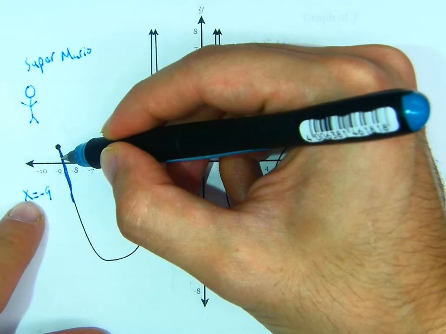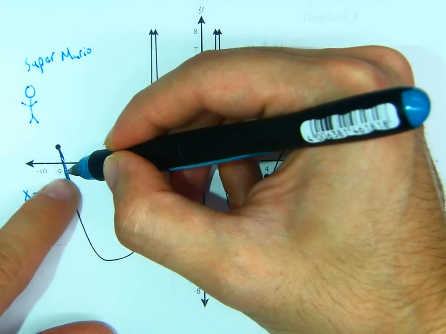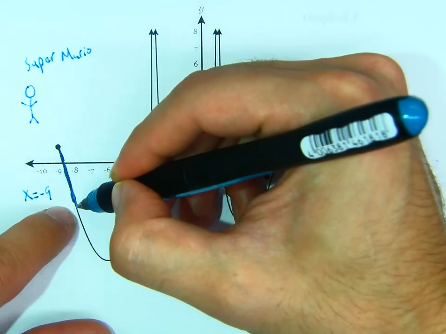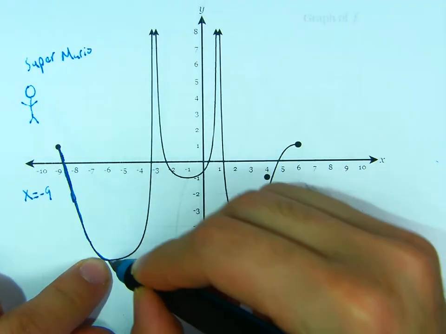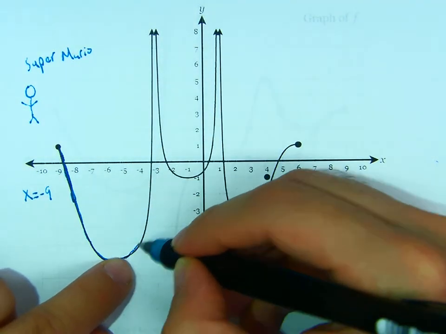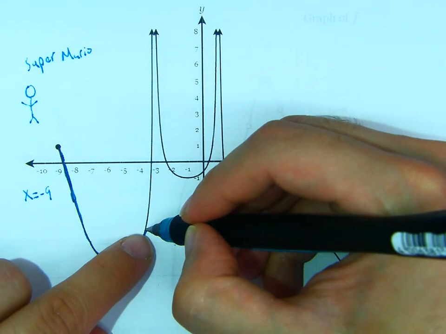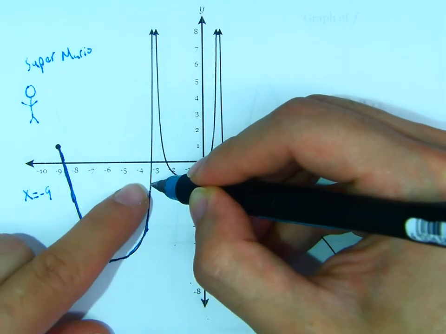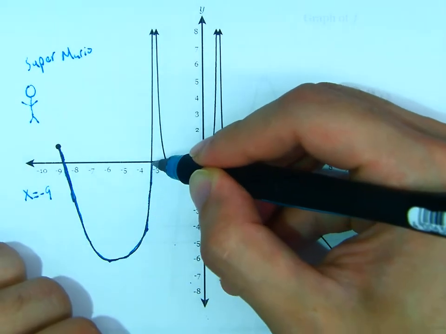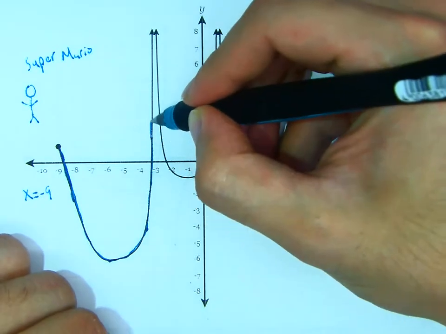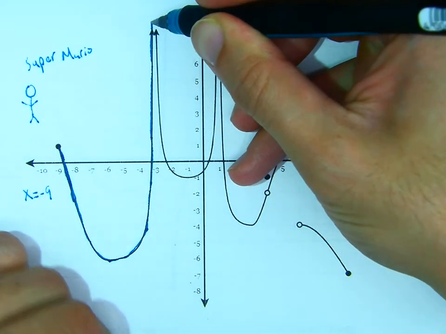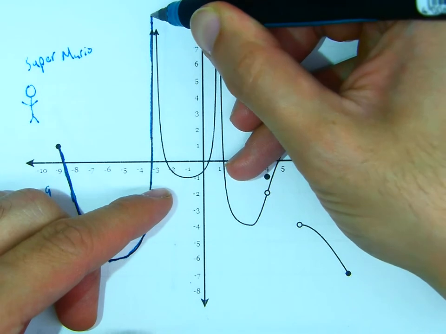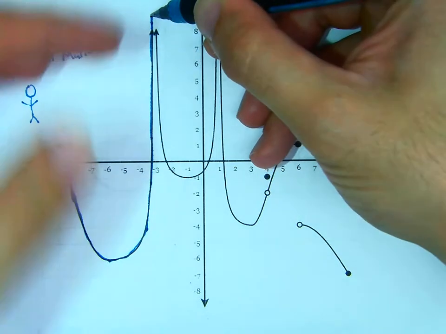We have Super Mario at x equals -9 is okay. X equals -8 is okay. -7 is okay. -6 is okay. -5 is okay. -4 is okay. But now that I'm getting closer and closer to -3 coming from the left, if Super Mario just keeps going up, up, he will never get to the other side of the graph.